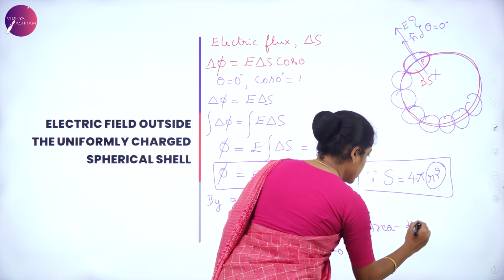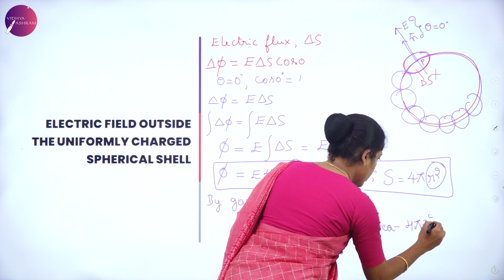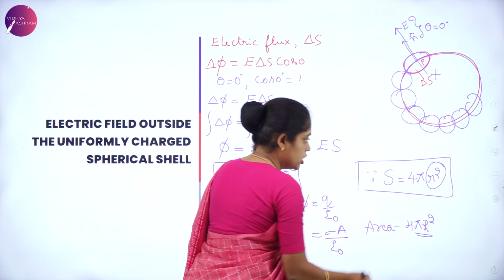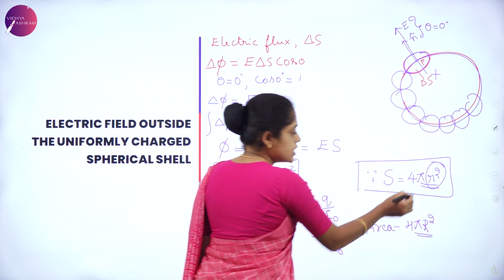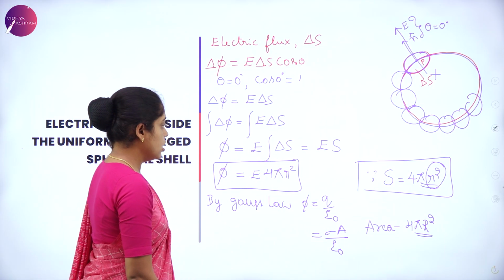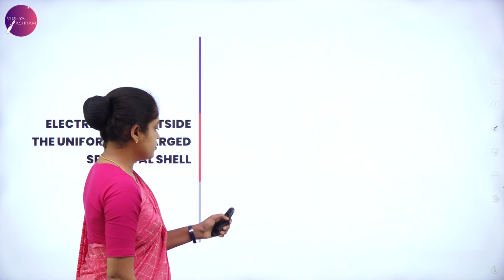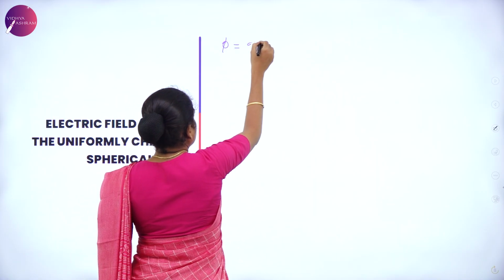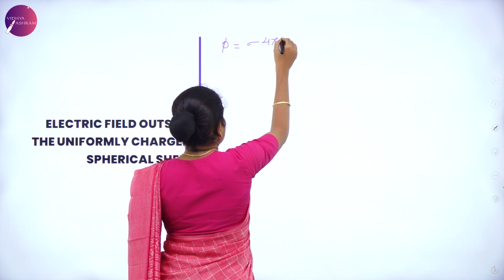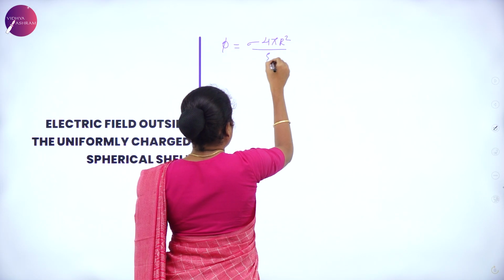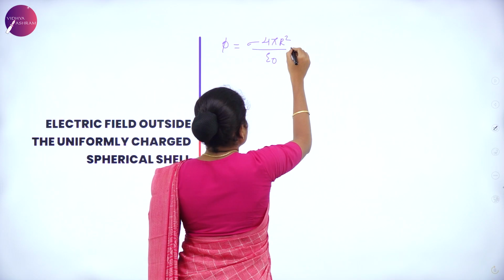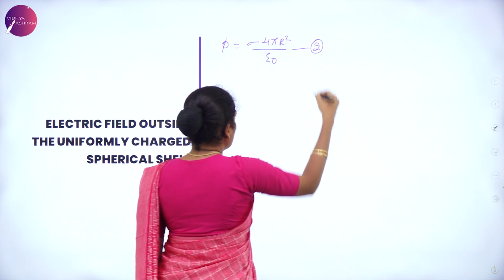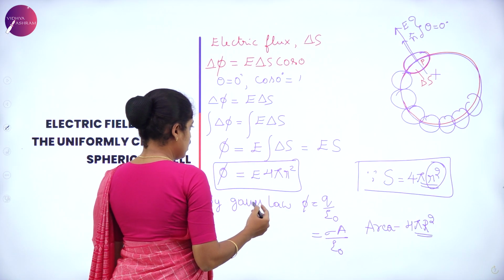Remember, this is the spherical shell and this is the Gaussian surface radius. By substituting the area, the flux is sigma 4 pi R squared by epsilon naught. Consider this as equation 2.